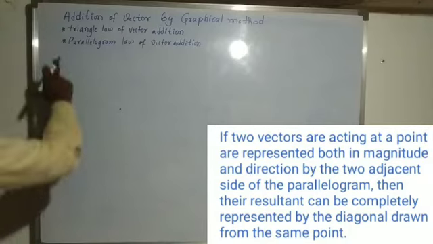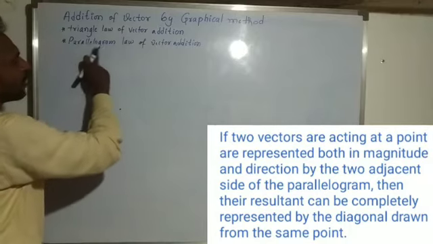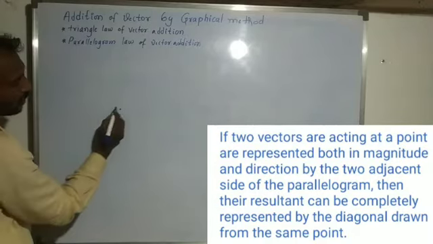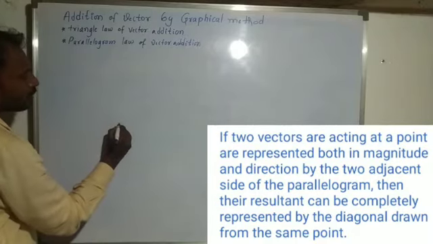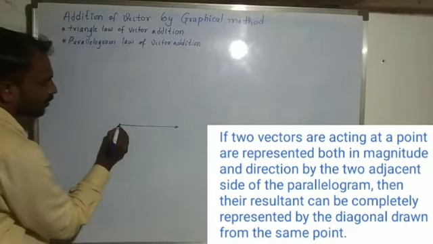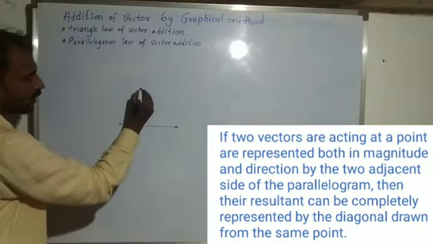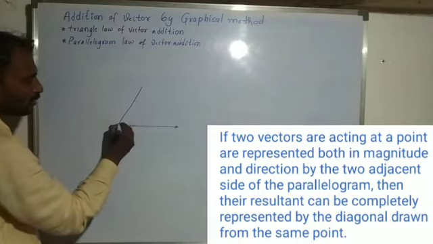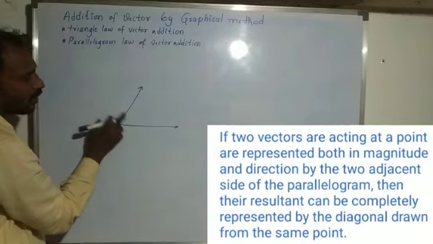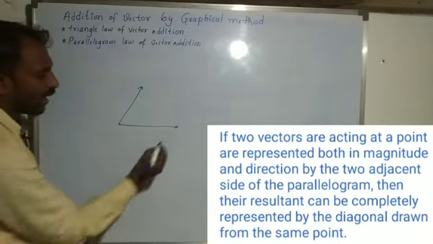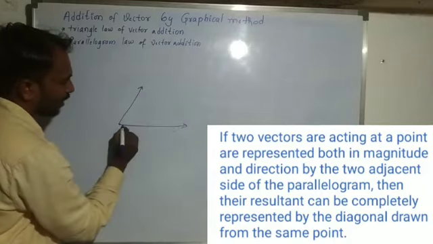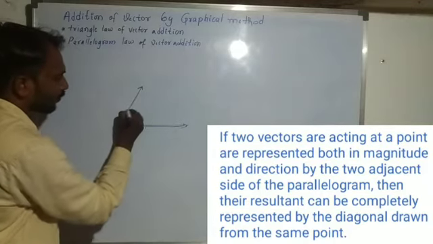Okay, so here, in the parallelogram law of vector addition, two vectors act at a point. So this one is a point, and both have magnitude and direction.